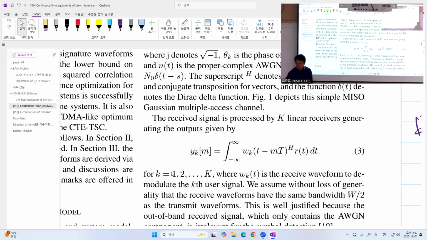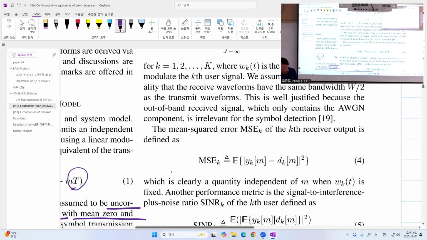So here, we use a linear receiver, and we want to minimize the mean squared error at the slicer output. And you can see that due to the cyclostationarity, the m-th symbol's mean squared error is the same as any m prime-th symbol's mean squared error. So this is just named with parameter k.